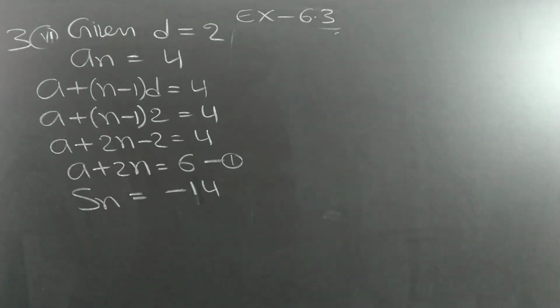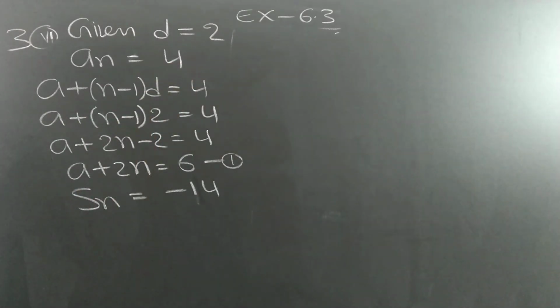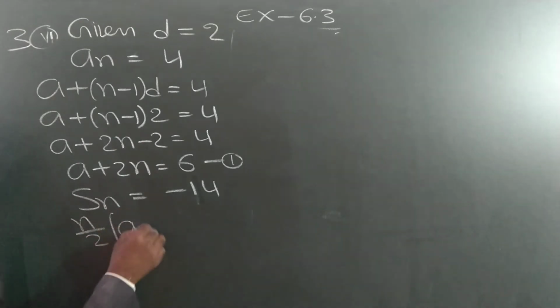We have two formulas for Sn. I gave the formula that is n by 2 into 2a plus n minus 1 into d, or n by 2 into a plus an. When the last term is known, it will be better to use the second formula, which will be convenient. n by 2 into a plus an.